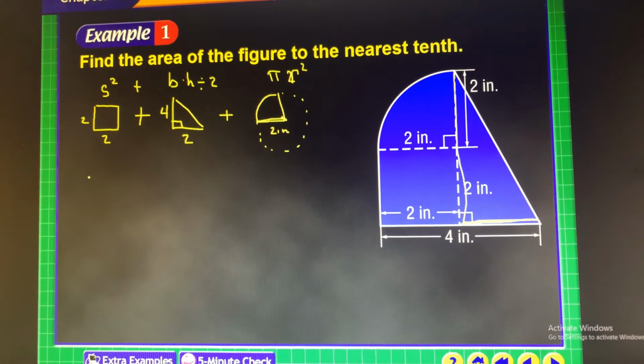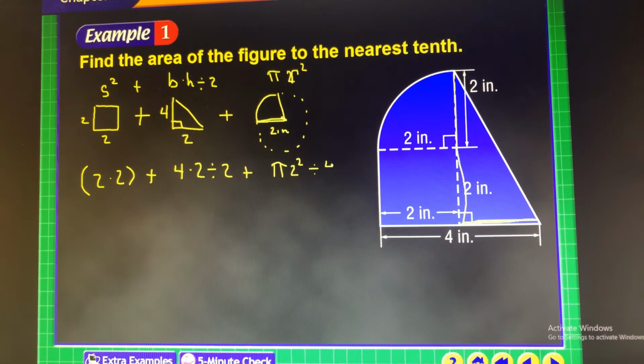So here we go. The first one is just 2 times 2. The second one is base times height divided by 2. And the third one is pi times 2 squared, but it's not a whole circle. It's a quarter of a circle, so divided by 4.